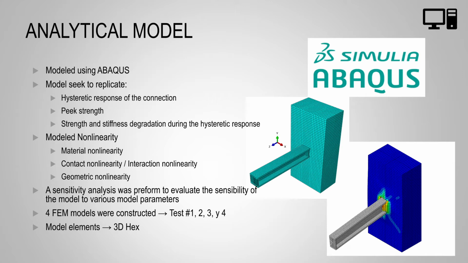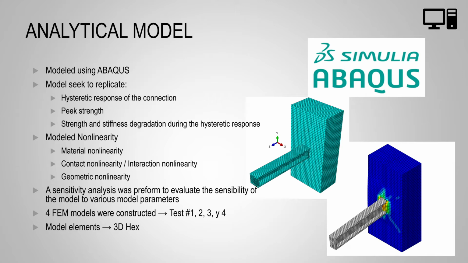To achieve this, 3 types of nonlinearity were explicitly considered in the model: material nonlinearity, contact nonlinearity, or also interaction nonlinearity between the elements, and finally, geometric nonlinearity. To validate the analytical model, a sensitivity analysis was performed to see the sensitivity of various model parameters in the response.